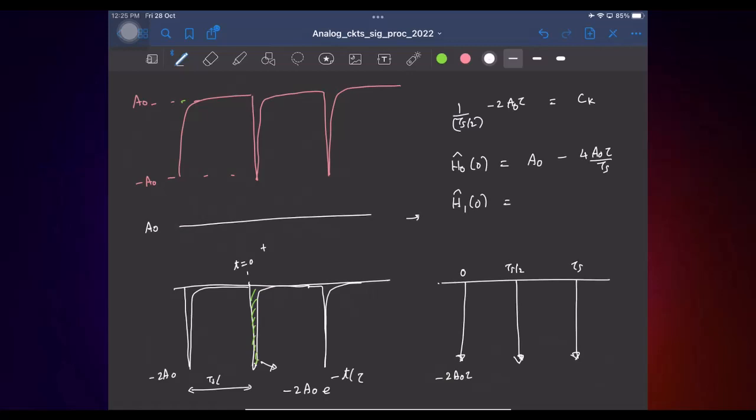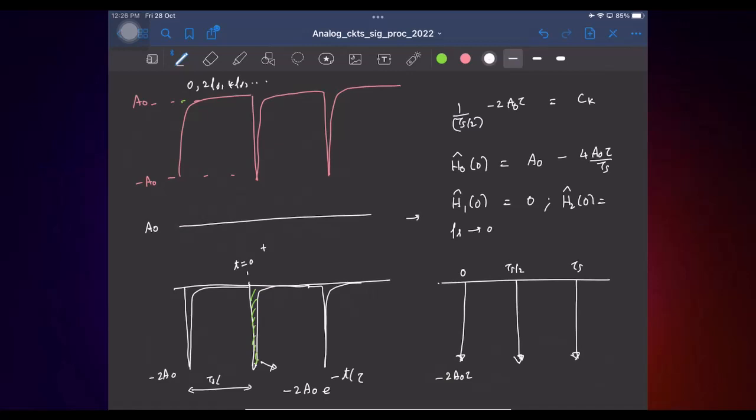H1 is when you apply a tone at Fs and you see what comes at DC. Do you have anything that can alias from Fs to DC? This waveform is periodic with period Ts by 2. The only frequency components are 0, 2Fs, 4Fs and so on. So this is 0.